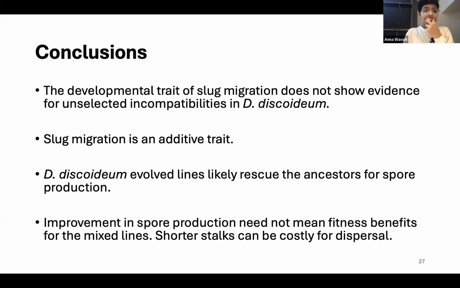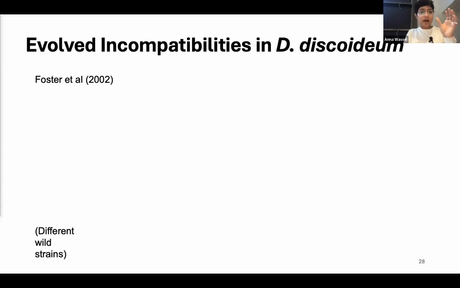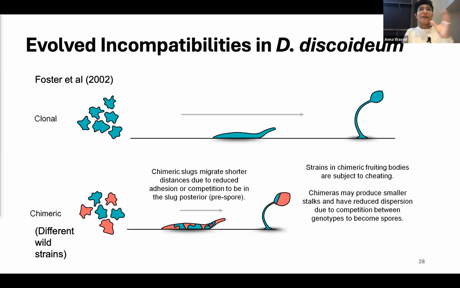And as you can see, I thought this is cool, but obviously someone else 20 years ago had done something similar and had found some useful things for me. And this is that. Kevin Foster had measured slug migration distances for clonal and different strains of wild Dictyostelium.